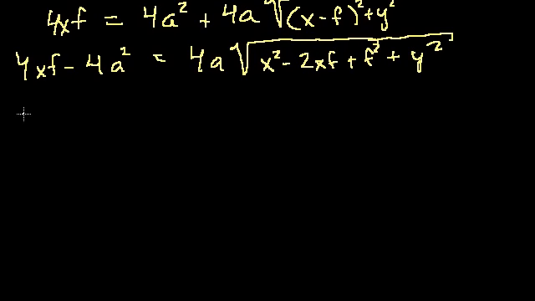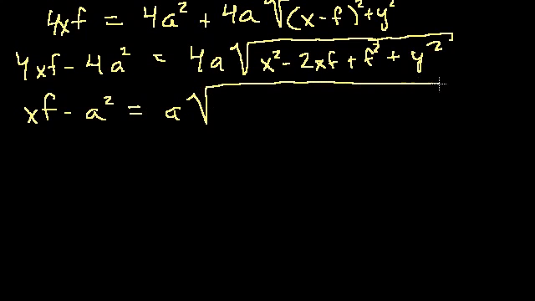So then this becomes xf − a² is equal to a times the square root of this whole thing, x² − 2xf + f² + y². And now we could square both sides of this equation right here.